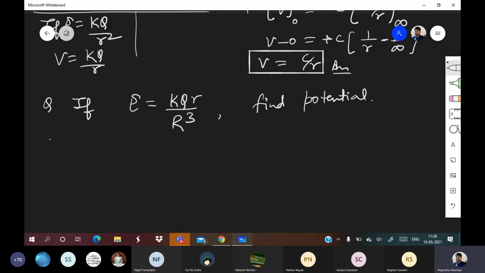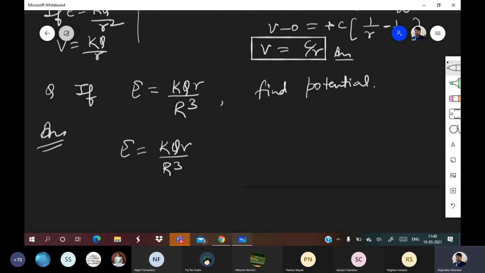Okay, so here E is equal to KQR upon R cube. Okay.